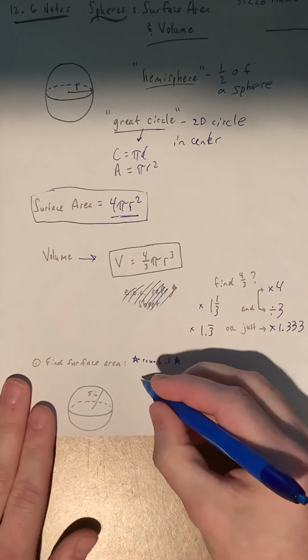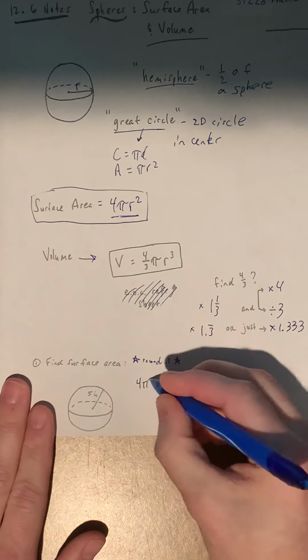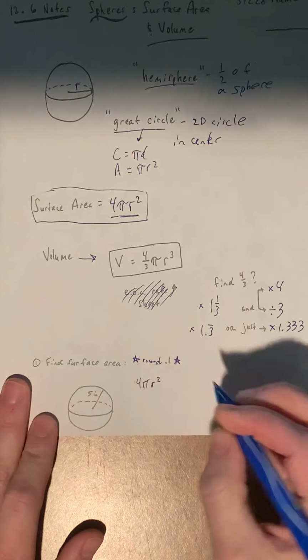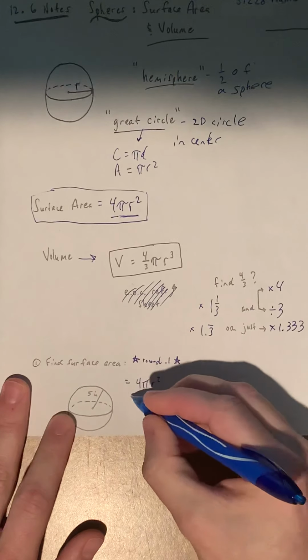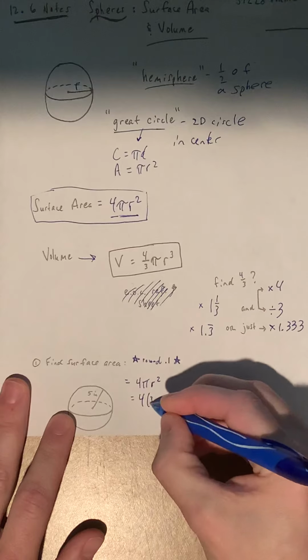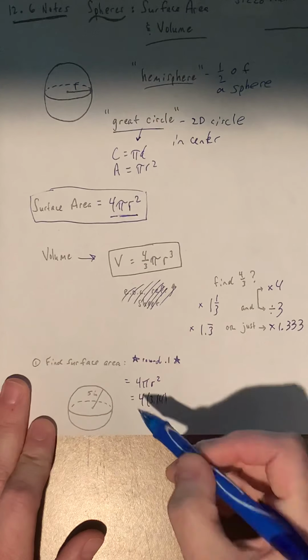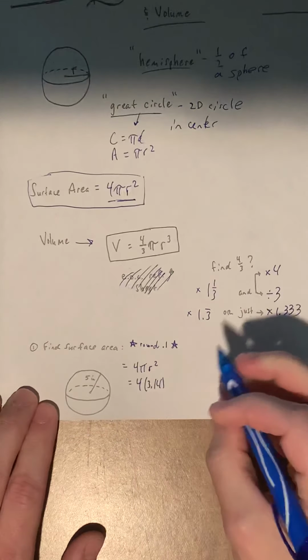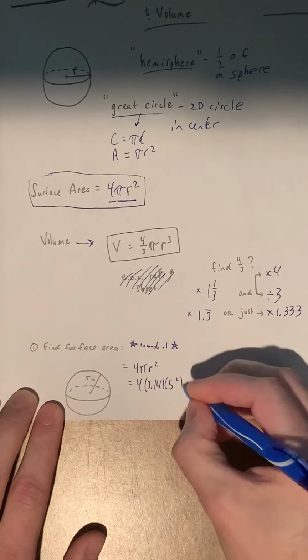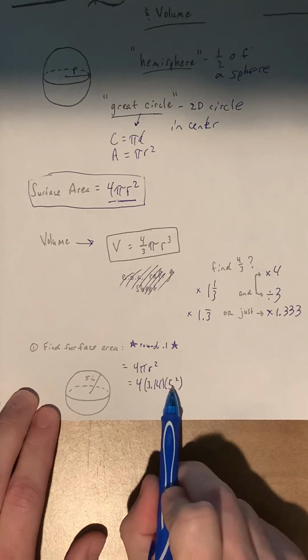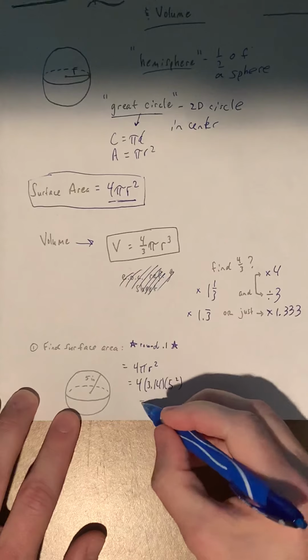So we bring up our formula for surface area. We're going to do 4 times 3.14. We'll see the radius is simply 5. So this is 25 times 4, which is 100.